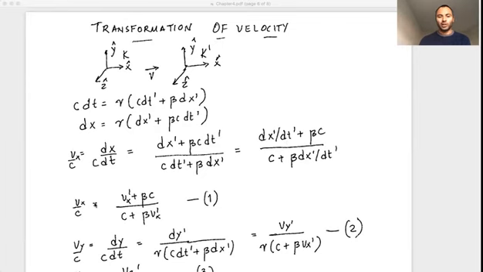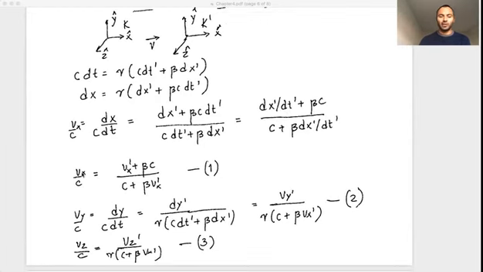So I'm going to get an equation where I have the velocity of a particle in my frame, and the velocity of the particle in my friend's frame, which is the primed quantity. And that's the relationship between the two. So if your friend measures this velocity for the same particle, you will be measuring this velocity for that particle. Okay, so far it's pretty simple.